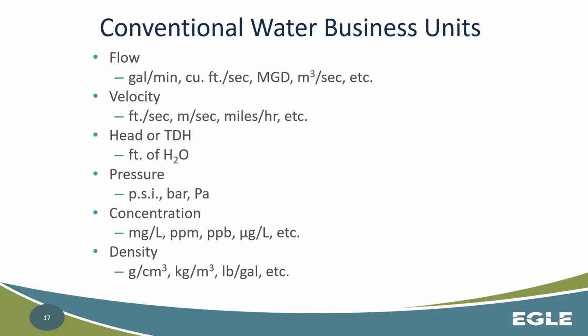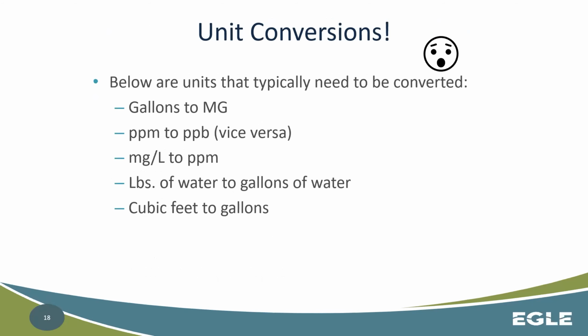For concentration, for actions such as chlorination, adding fluoride, that's measured in milligrams per liter, parts per million, parts per billion, micrograms per liter, etc. And for density, as we just talked about, it's grams per centimeter cubed, or a weight per volume, kilograms per meter cubed, pounds per gallon, all density.